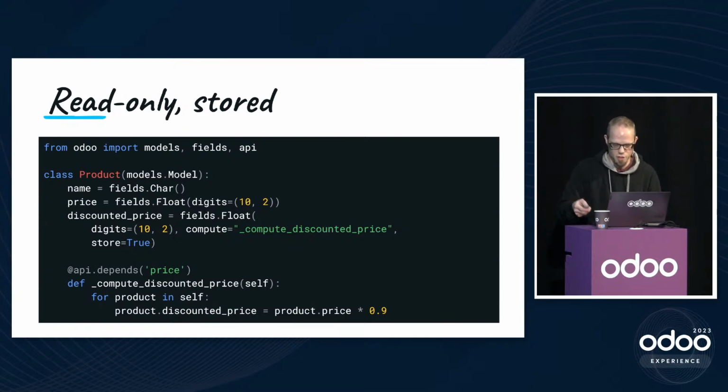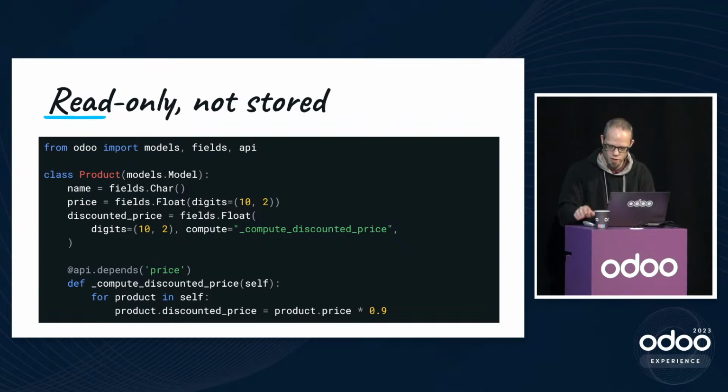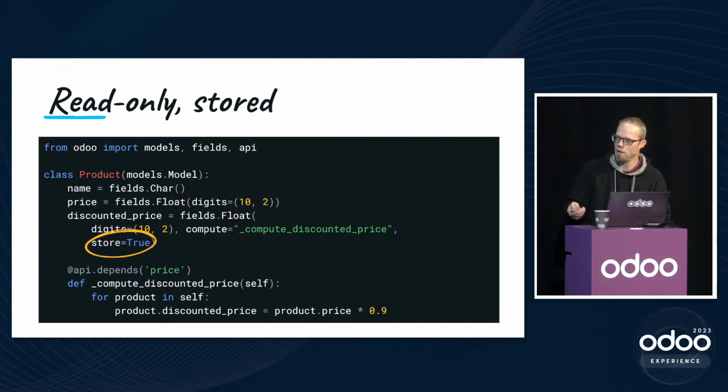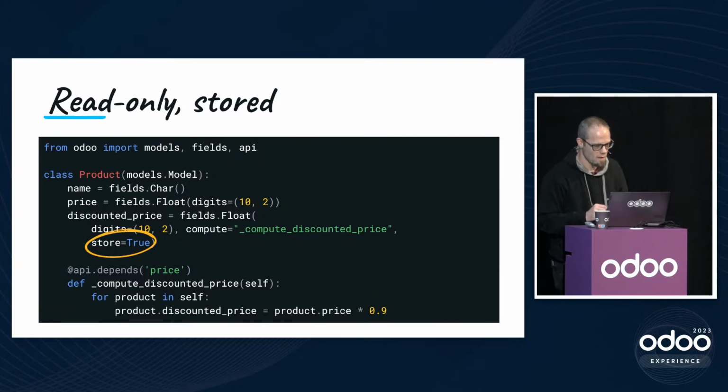This is the same definition. So essentially, if I go back and look at the transition, the only thing that changed is store=True. What this does is that the field is still a read-only field, but it's now part of the database.